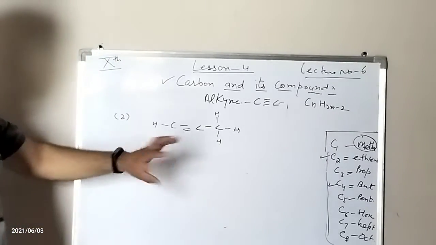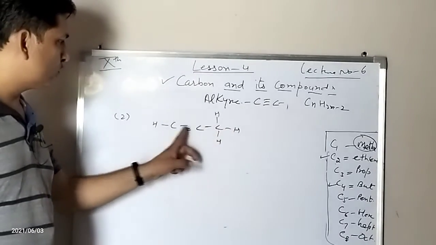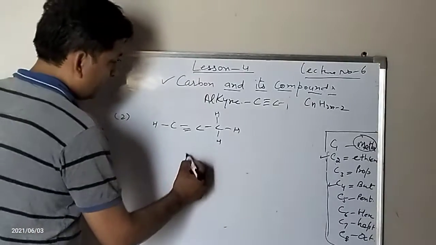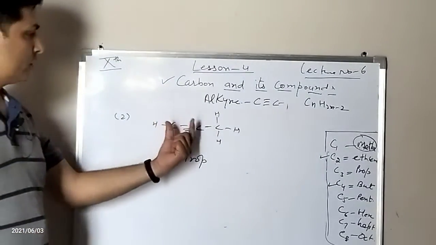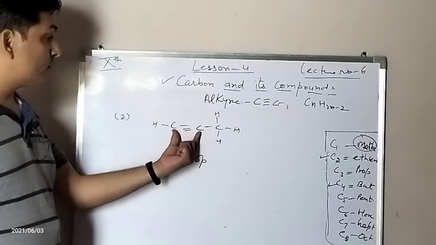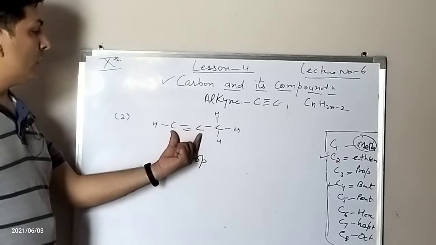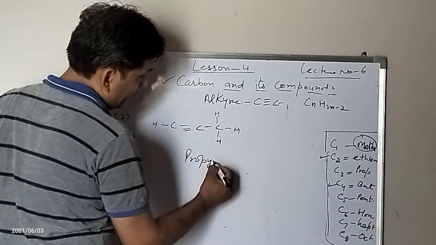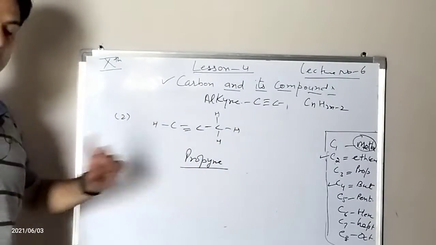Now, what is the name of this? First of all, count the number of carbon atoms. 1, 2, 3. Number of carbon atoms 3 means prop. Write the prop. Then the number of bonds between the carbon atoms. It is maximum 3. If 3 bonds are there, then we use yne, propyne. It is propyne.